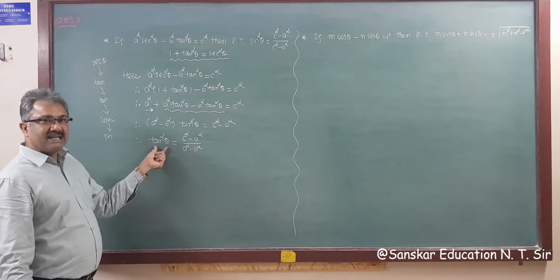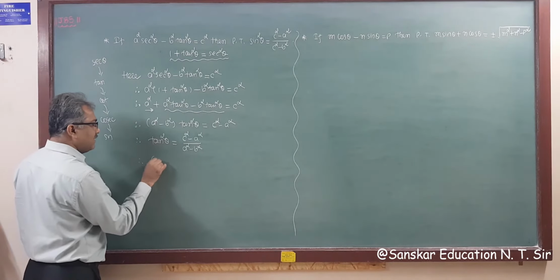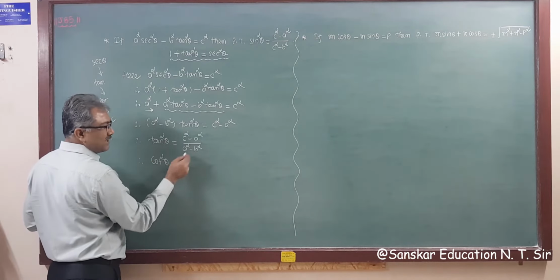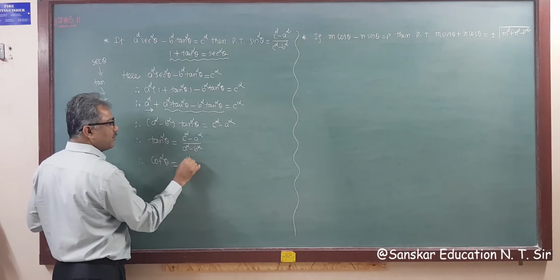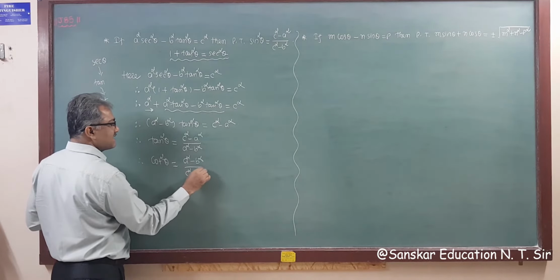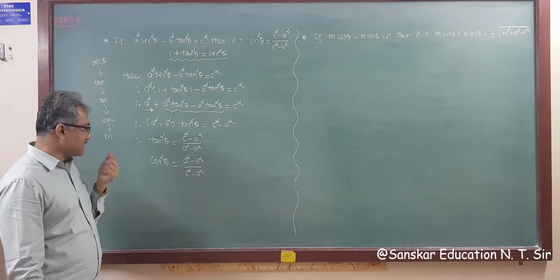Now for tan square theta, the reciprocal of tan is cot. So taking reciprocal, cot square theta is equal to, the numerator becomes denominator and denominator becomes numerator, a square minus b square upon c square minus a square.